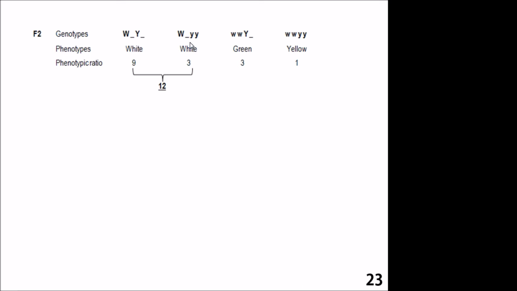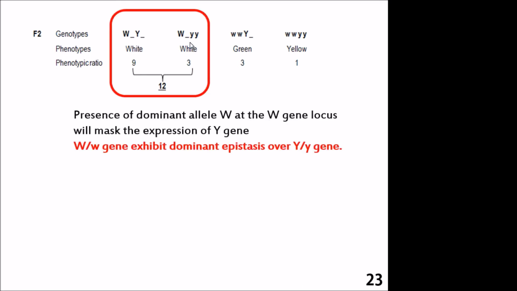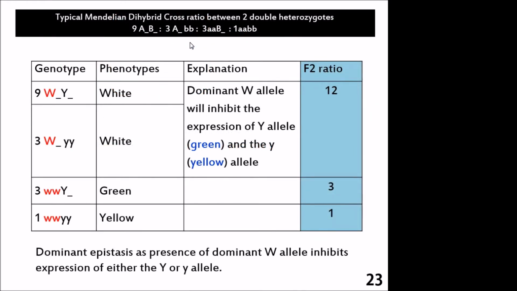Can follow so far? Okay? So the presence of a dominant big W allele will mask the expression of any alleles of the other gene locus. Therefore, you collapse down the ratio into a 12:3:1. So far, okay? This is what it looks like in a table form, which you don't have, but it's the same idea.